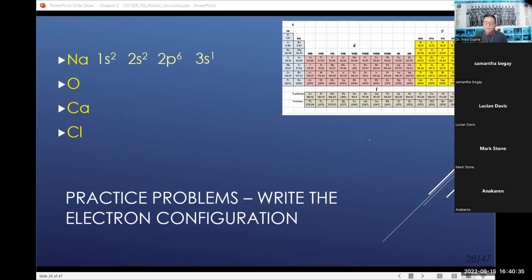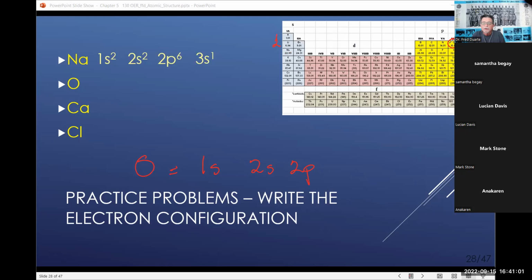Well, let's find oxygen. Oxygen's right here. Okay. Oxygen is in the second energy level. Okay, so that tells us for O that the 1s and 2s and 2p are the orbitals that we have to concern ourselves with.